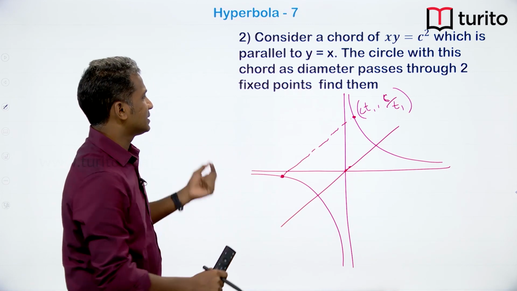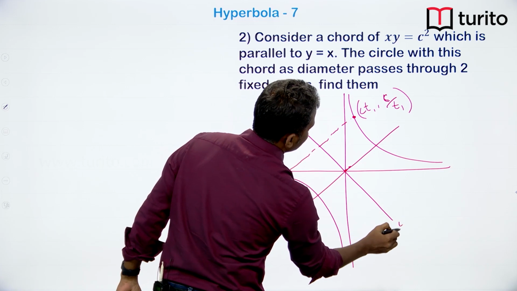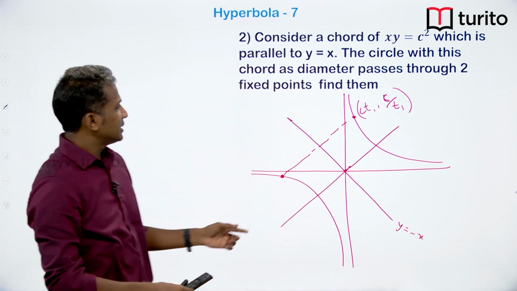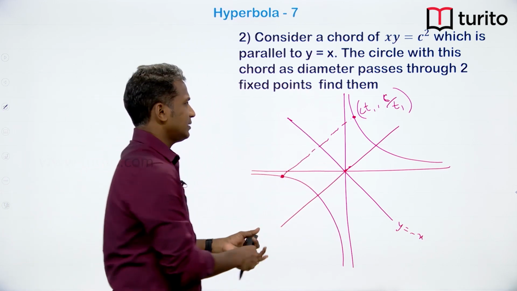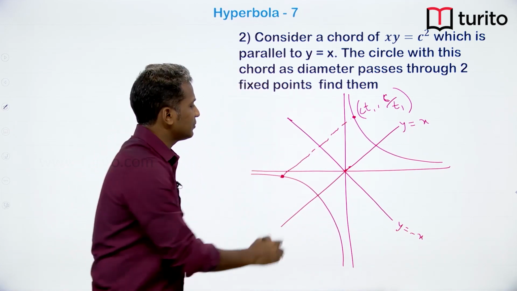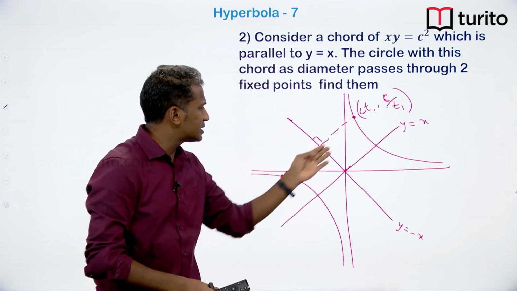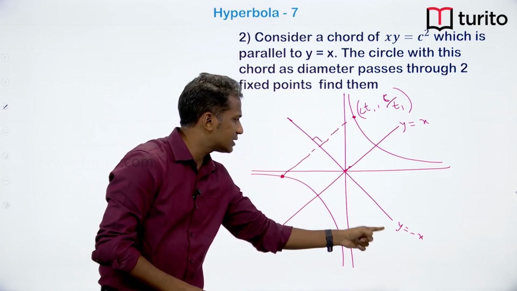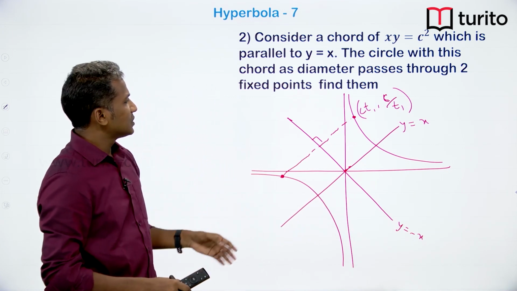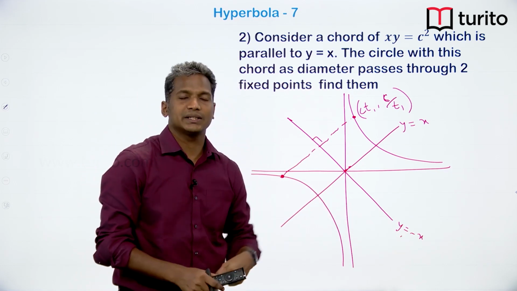See, if you notice, this line is going to be y equal to minus x line, because our chord is parallel to y equal to x line. It must be perpendicular to y equal to minus x line, and this hyperbola is already symmetric about this y equal to minus x line because it is the conjugate axis. This equation is y equal to minus x.